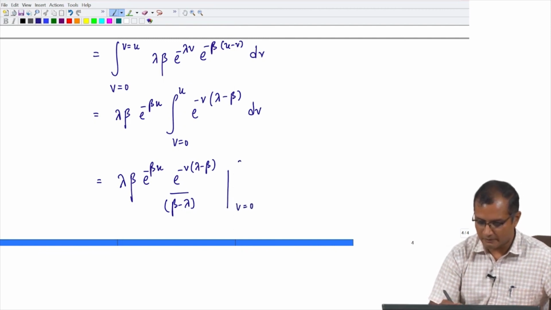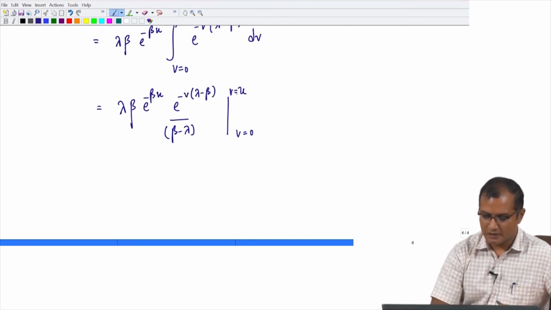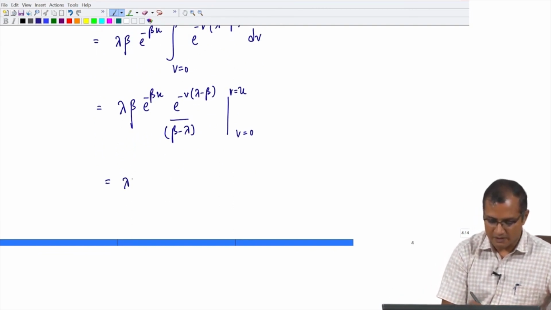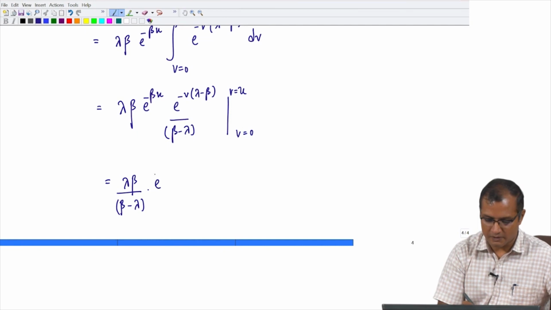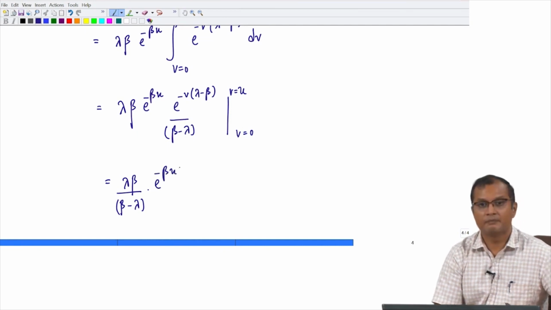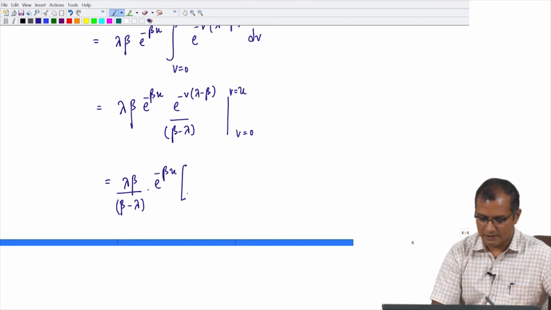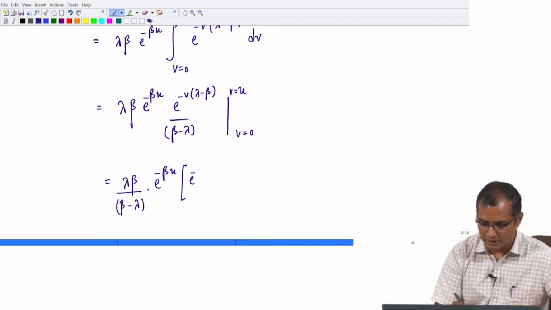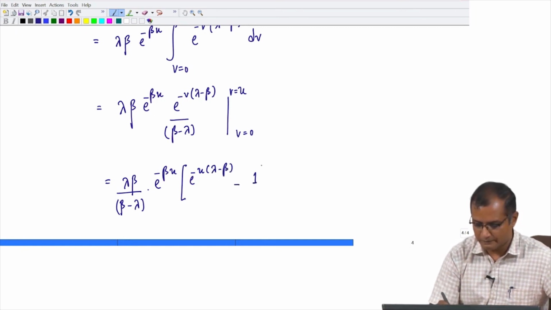If I apply the limits, this will be basically lambda beta over (beta minus lambda) into e raised to minus beta u. Just plug the limits, the answer is very easily obtained: e raised to minus u (lambda minus beta) minus 1.